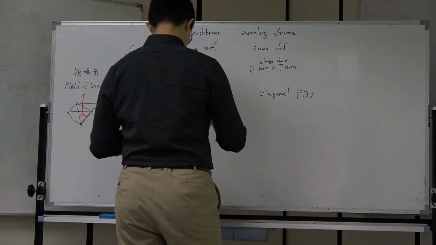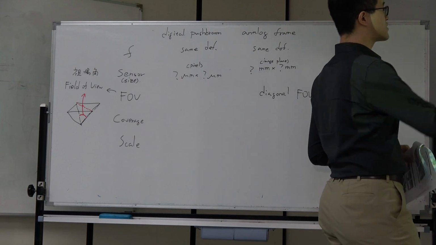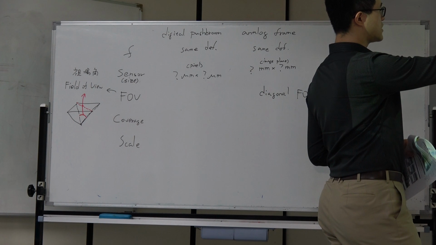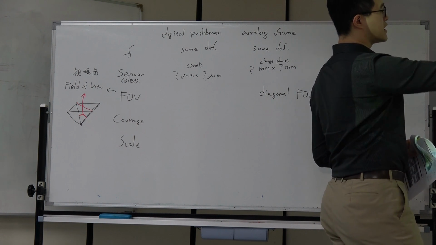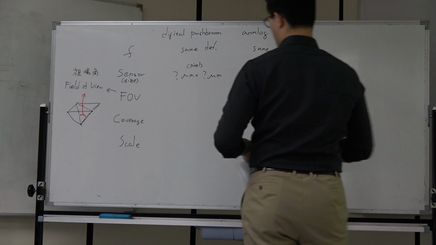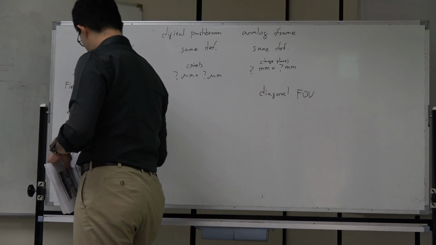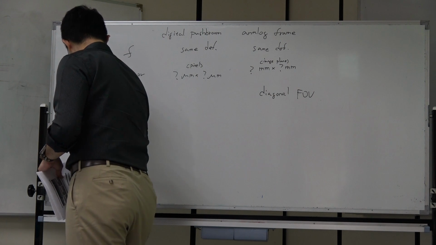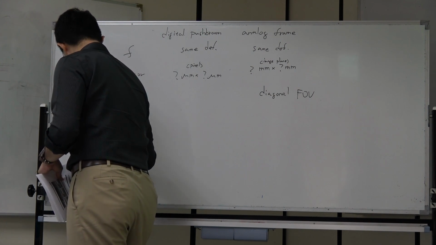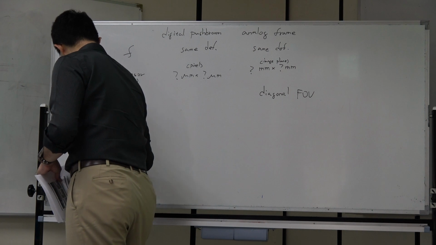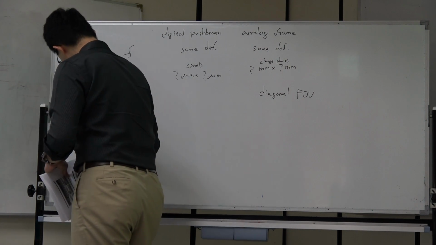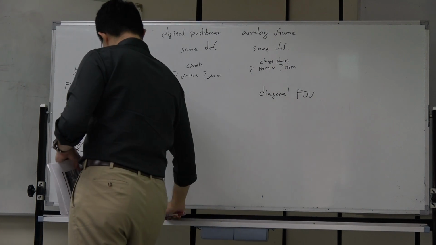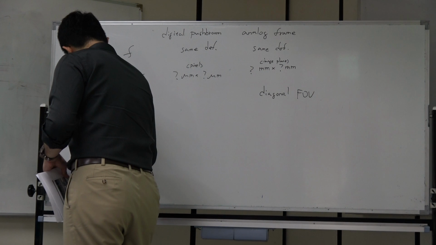However, for the push-broom scanner, as you can see, it is written as field of view across track. Which means that if you have the push-broom scanner, then what you have over here is a CCD array, and the field of view that you are talking about is this intersection angle.